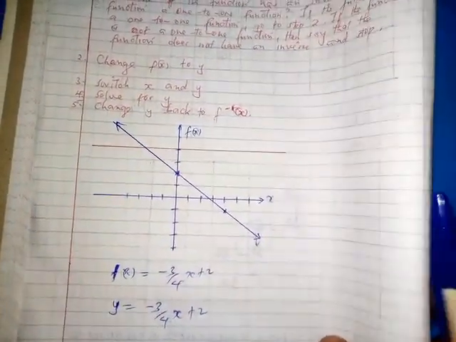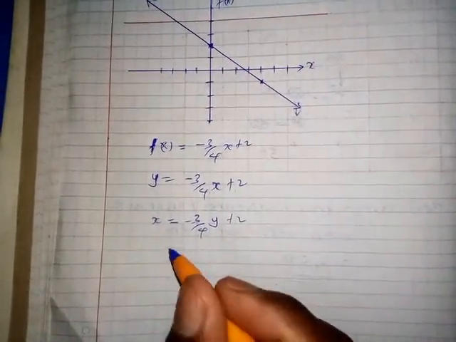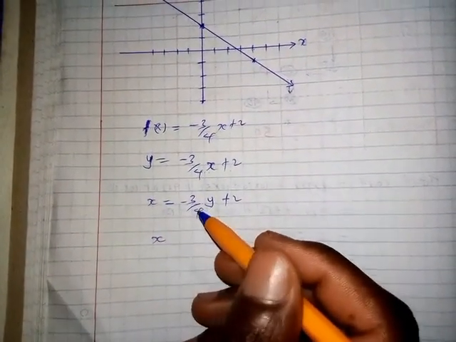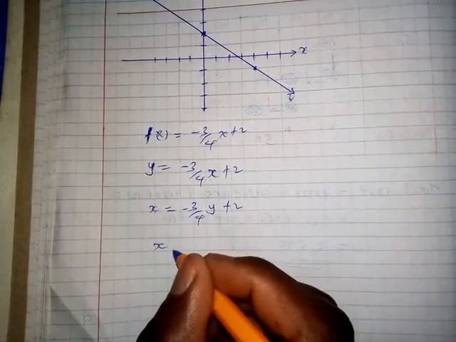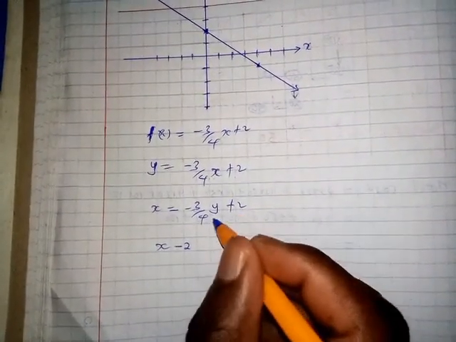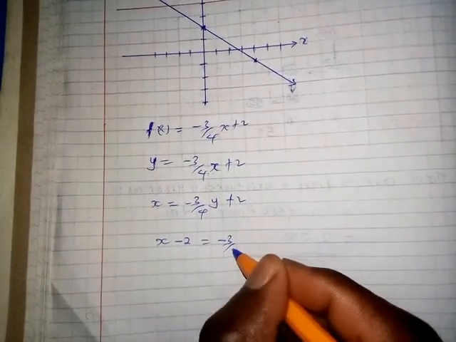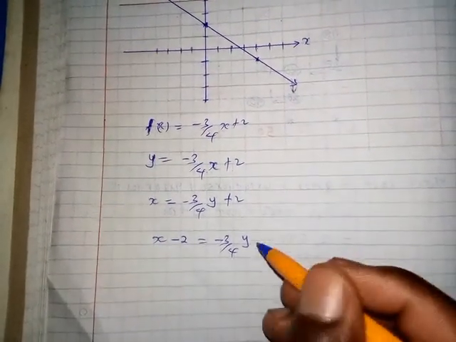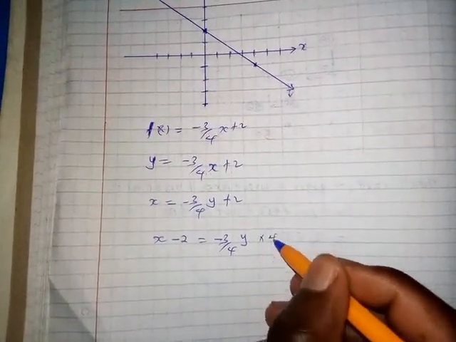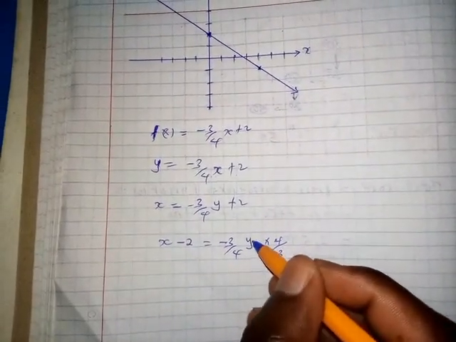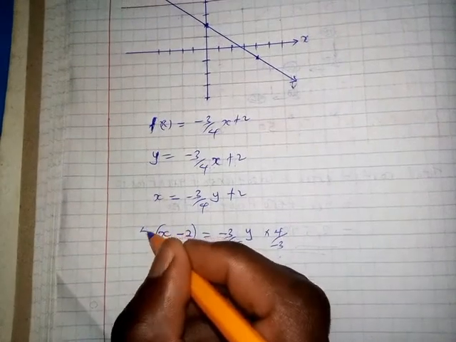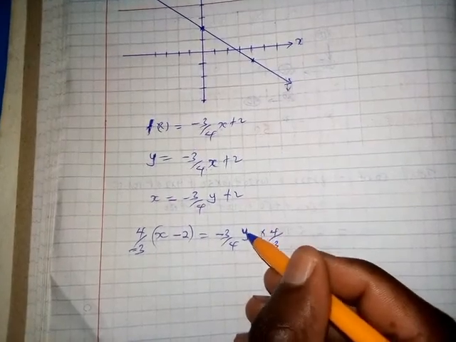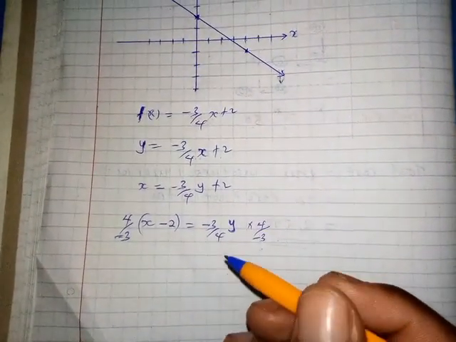Step 4, we solve for y. Now we make y the subject of the formula. When 2 crosses the equal sign, it becomes negative. So x minus 2 is equal to negative 3 over 4 y. After that, we multiply both sides by 4 over negative 3, so that we can remain with y on the right hand side.